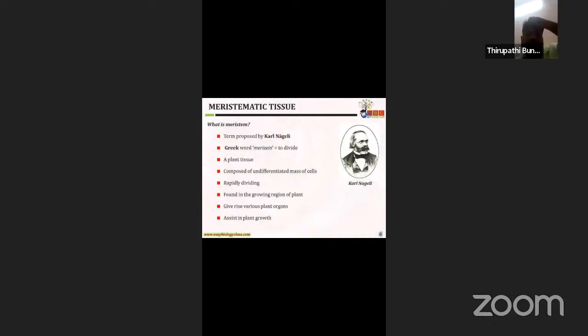Next, characteristics of meristematic cells. They are composed of rapidly dividing cells.